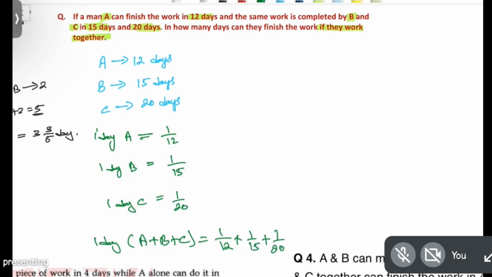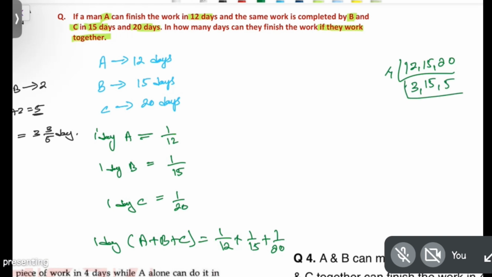Now what do we need to do? We need to find the LCM. So the LCM of 12, 15, and 20 will be 60, but I'll show you how to solve. 60 will be too long, so I'll go by 4. 4 3s are 12, 15, 4 5s are 20.